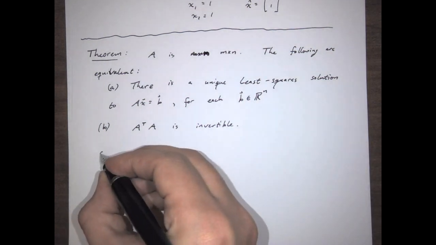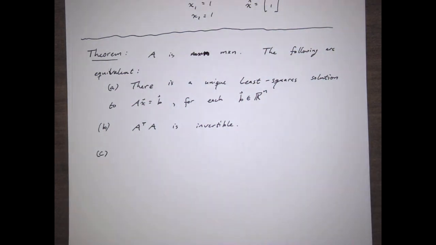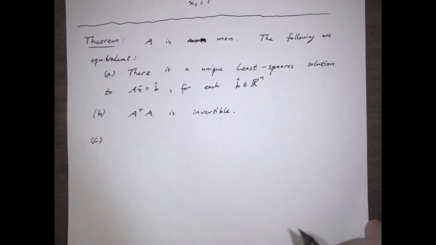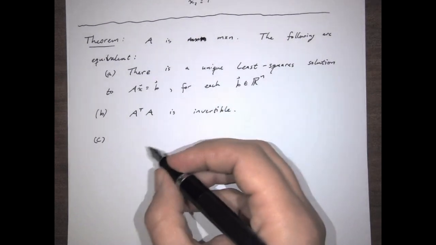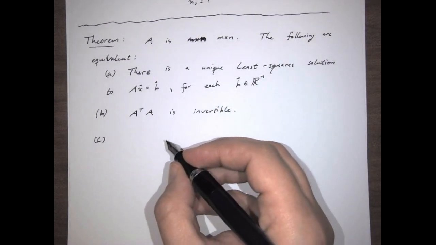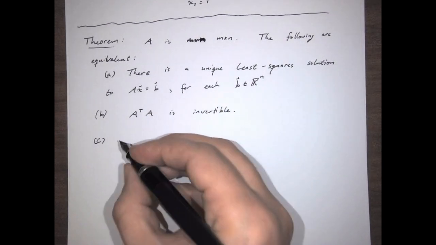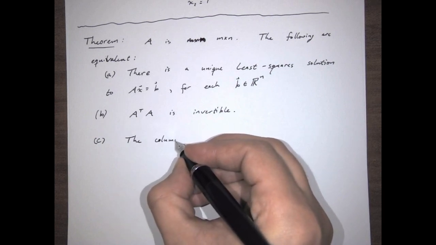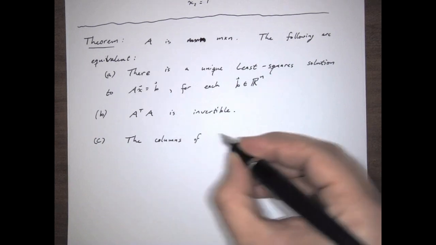But as we saw in the previous section, that in itself is equivalent in turn to the claim that the columns of A are linearly independent of each other.